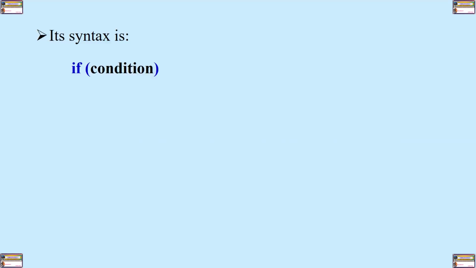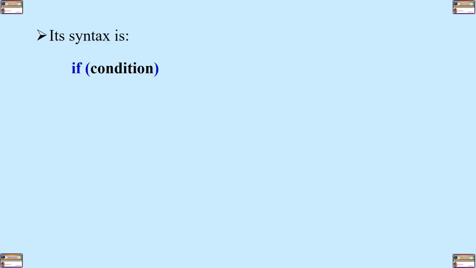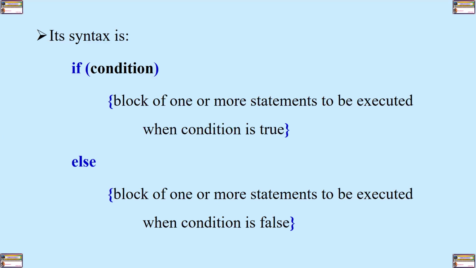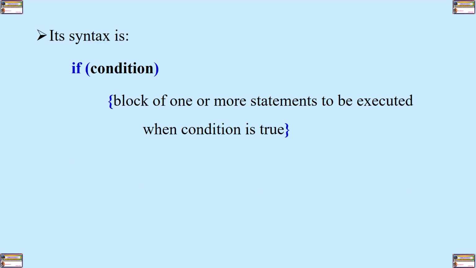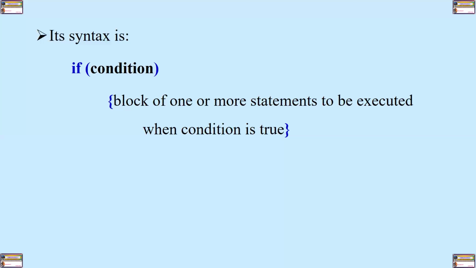So its syntax is: if condition evaluates to true, execute this block of statements. Otherwise, else, if the condition has evaluated to false, do the following. So, my dear students and the rest of the learners, if this condition evaluates to true, this block will be executed.